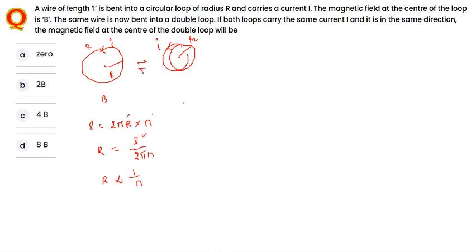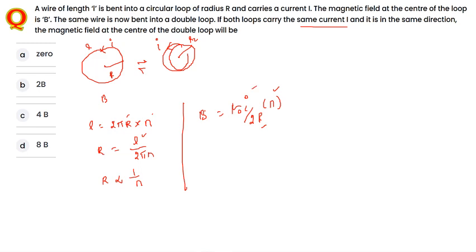The magnetic induction B is equal to mu naught I divided by 2R, and it depends on the number of turns N. For the first one, the number of turns is 1, for the second one it is 2. So the only changes are N and R, and the current I will be the same, as already mentioned.